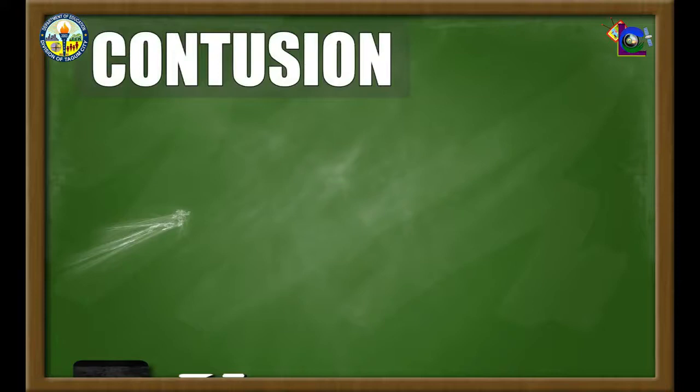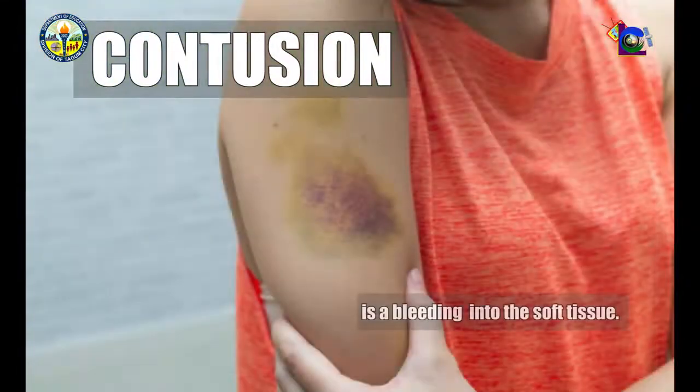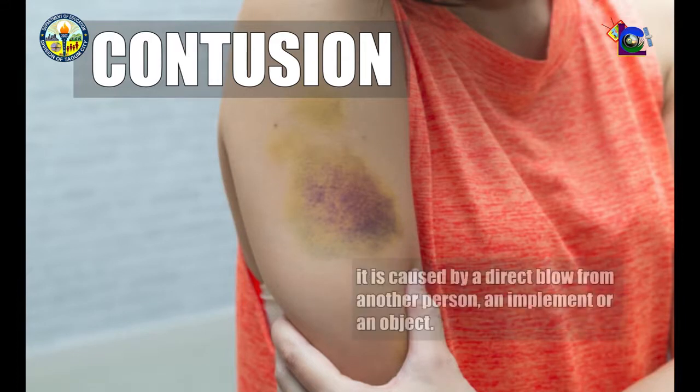Second is contusion or bruise. Contusion is a bleeding into the soft tissue. It is caused by a direct blow from another person, an implement, or an object.